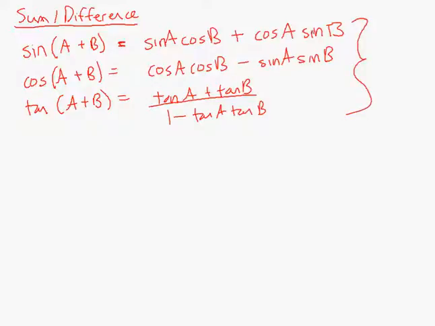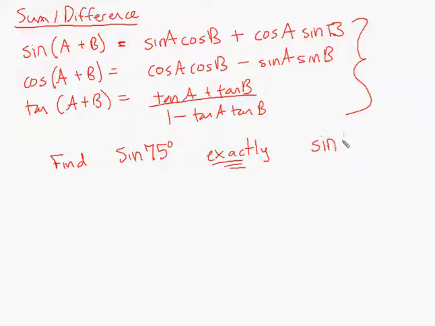We're going to go ahead and do an example problem of what we might use these for. Let's say that I wanted to find the sine of 75 degrees exactly. Well, let's get out a calculator to help us.